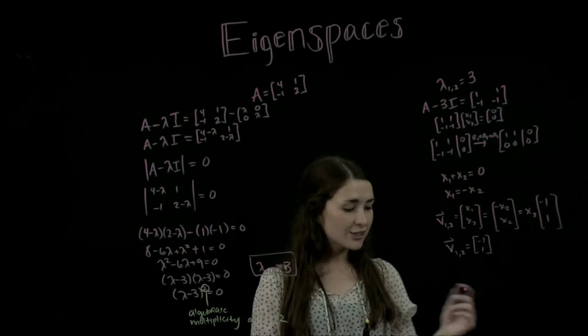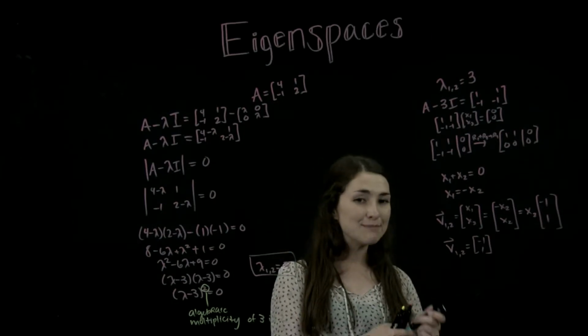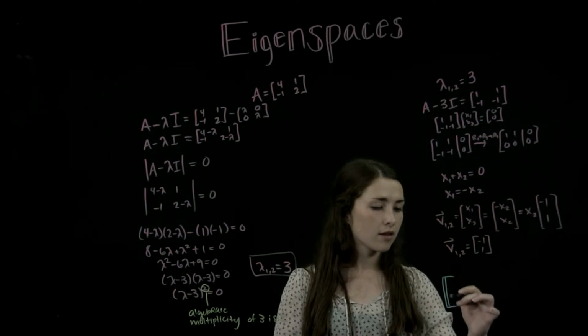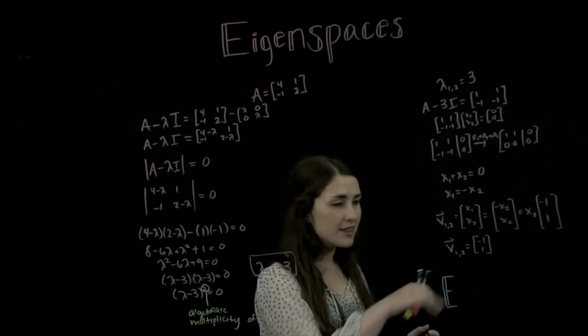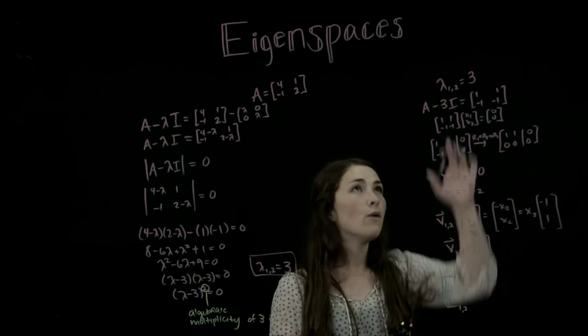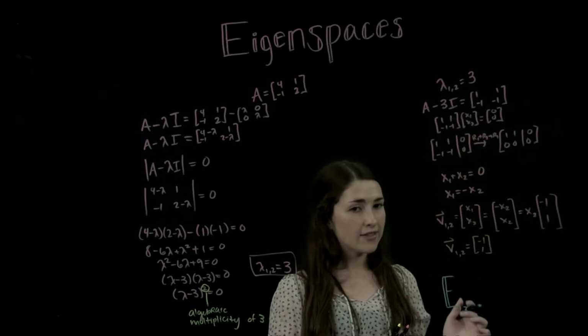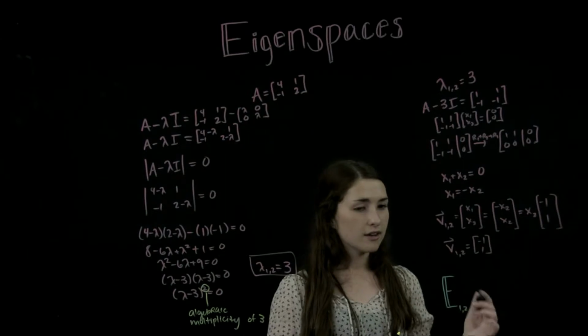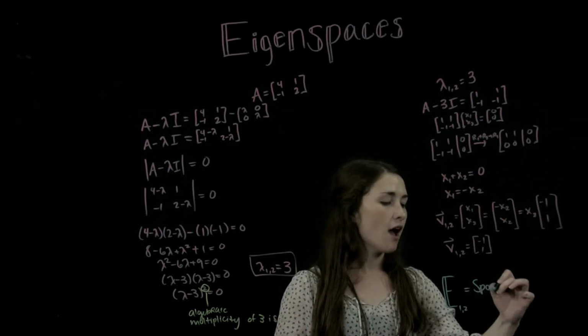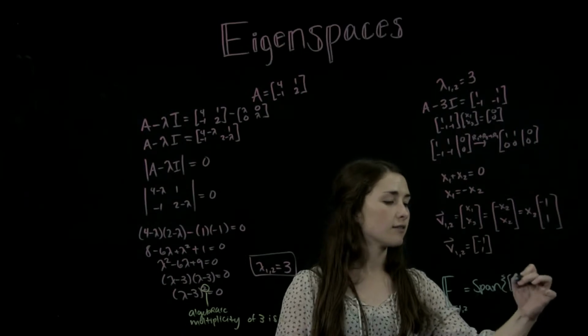We can actually construct our eigenspace here from this eigenvalue. We're going to have the subscripts 1, 2, knowing that it's going with this eigenvalue of 3 and this eigenvector of negative 1, 1. And that's going to be the span of this eigenvector.